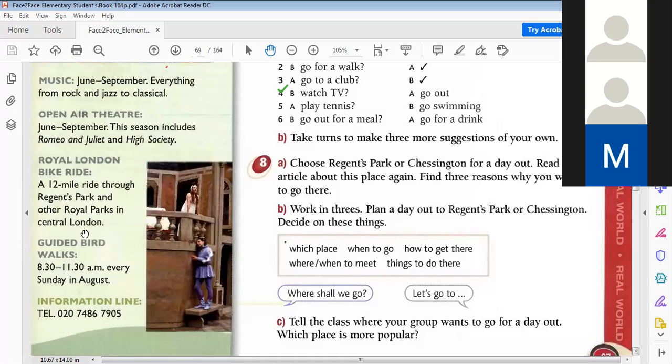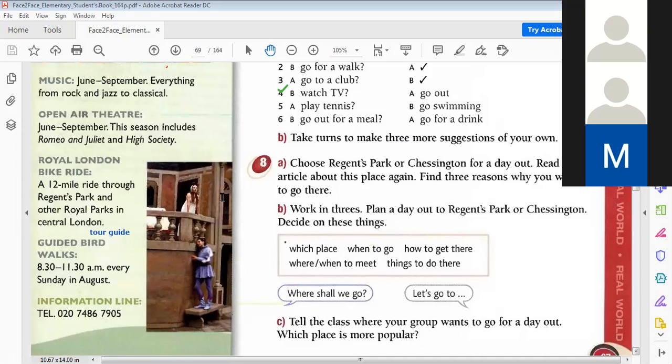By the way, guided is the same word as in tour guide. يمكن مرت عليكم tour guide. Let me write tour guide. So a tour guide is someone who shows you a place. So if you want to go to Rome, of course you can book a tour guide.